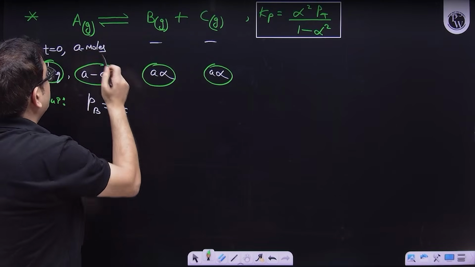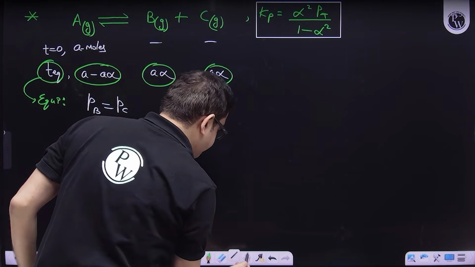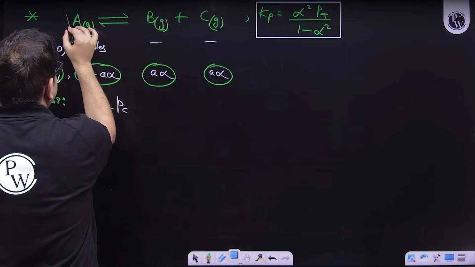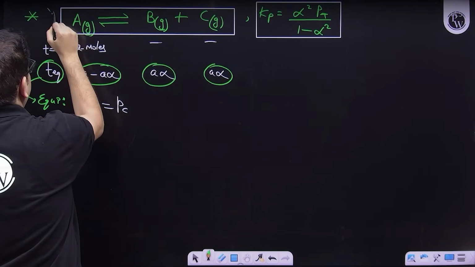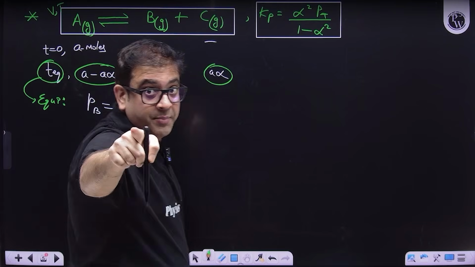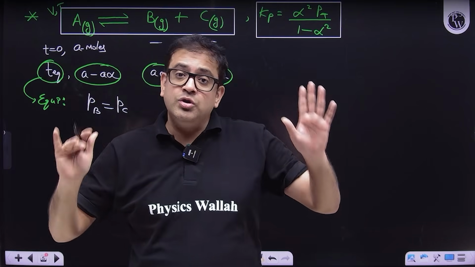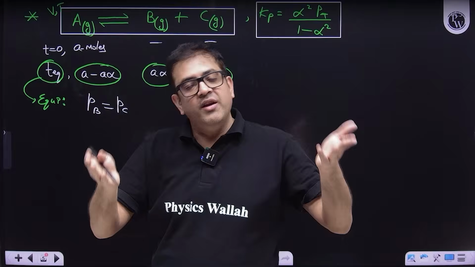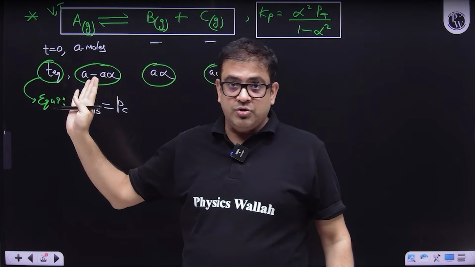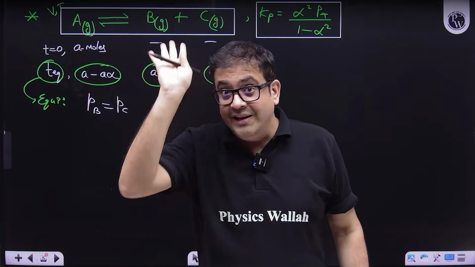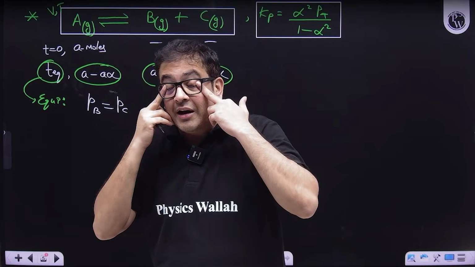Let's say you have this in a container. Obviously, because it's a gaseous equilibrium, it has to be in a container. Container volume V will be fixed, temperature will be fixed. If temperature changes, K changes. So even if it is not given, you should consider volume to be fixed, temperature to be constant. Otherwise, the question will tell you, although that will be an advanced question.